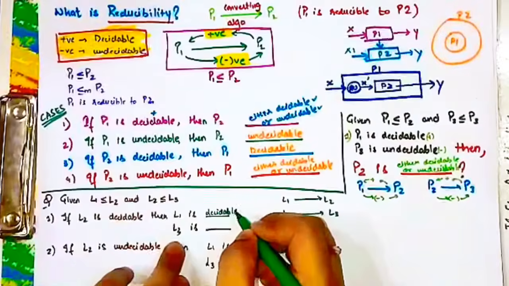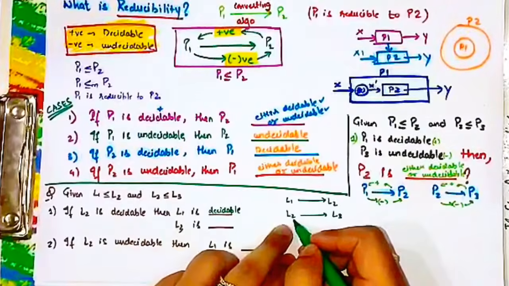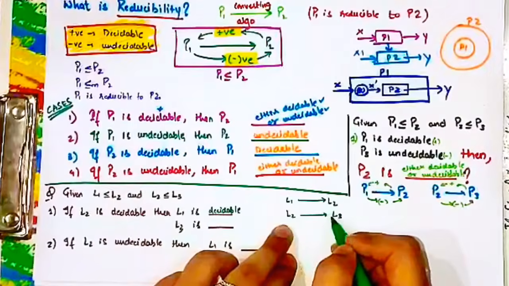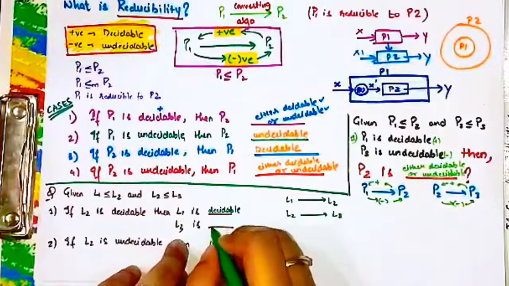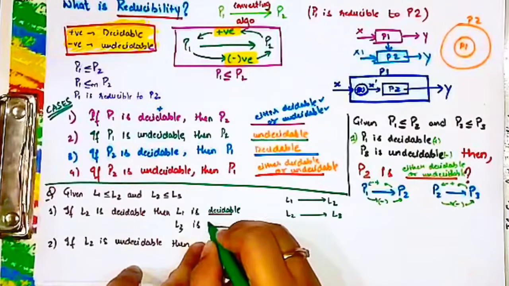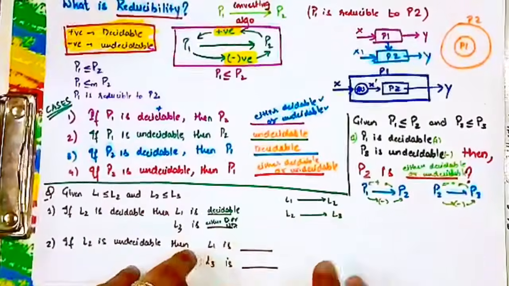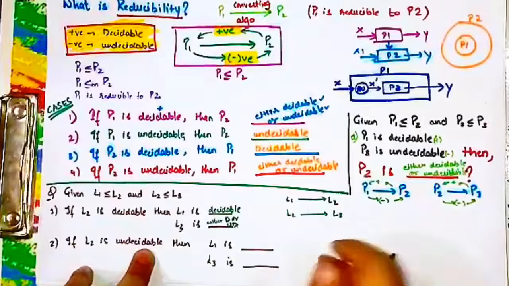And what about L3? Here L2 is coming on the left side and L2 is decidable, but if it was undecidable then only L3 would be undecidable. But as it is decidable, we cannot say anything about L3, hence either decidable or undecidable. Now in the second part of the question it is given that L2 is undecidable.